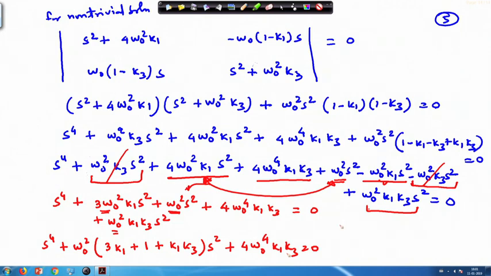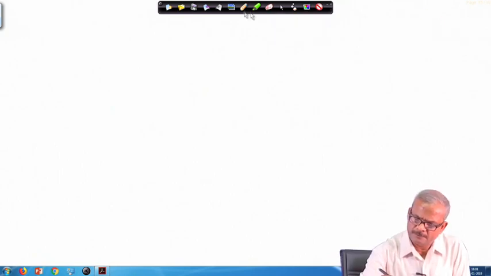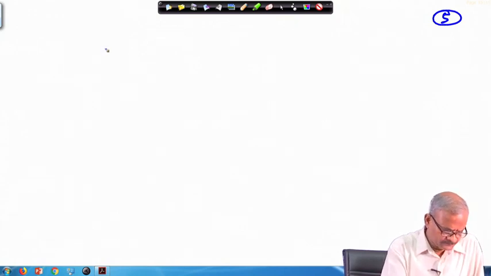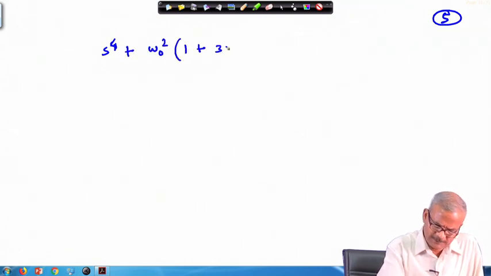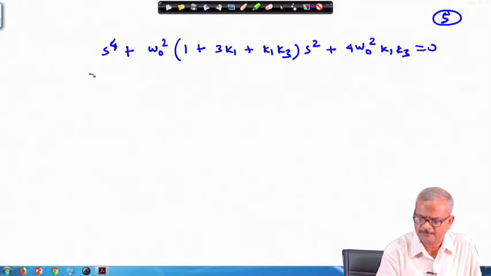Okay. So, to summarize, we can go on to the next page and summarize this equation. So, what we are getting, the combined equation, looks like this: s to the power 4 plus omega 0 square times 1 plus 3 k 1 plus k 1 k 3 times s square plus 4 omega 0 square times k 1 k 3, this equal to 0.